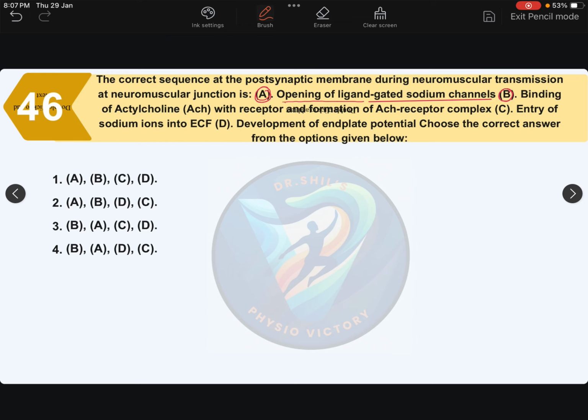B is binding of acetylcholine with receptor and formation of acetylcholine receptor complex. C is entry of sodium ion into the ECF, and D is development of end-plate potential. Choose the correct answer from the options given below.